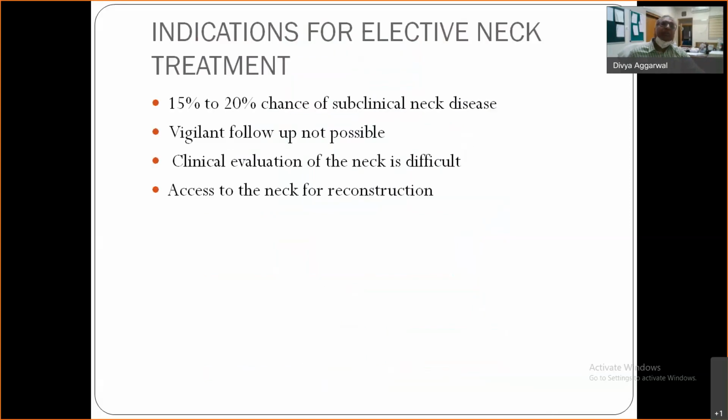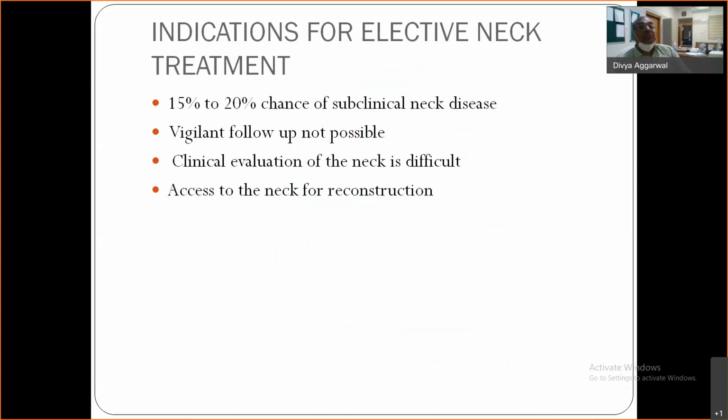Now, indications of elective neck dissection: there is a 15 to 20% chance of subclinical neck disease; vigilant follow-up is not possible, as I said in the algorithm in the last slide; clinical evaluation of the neck is difficult; and access to the neck for reconstruction.